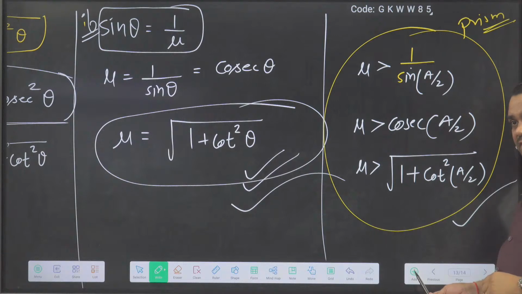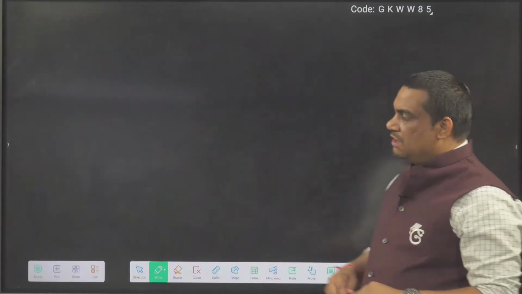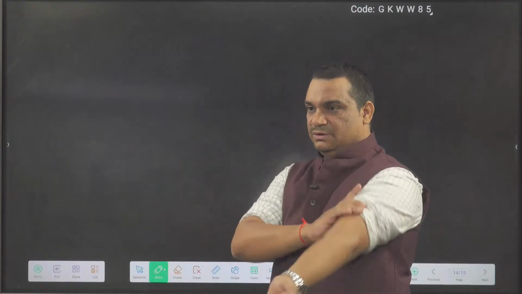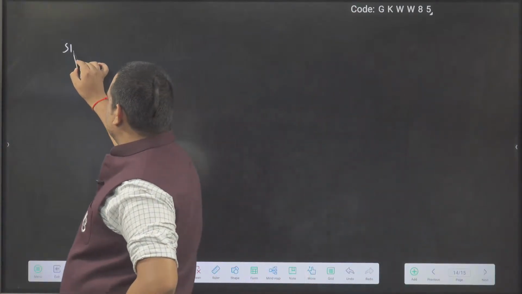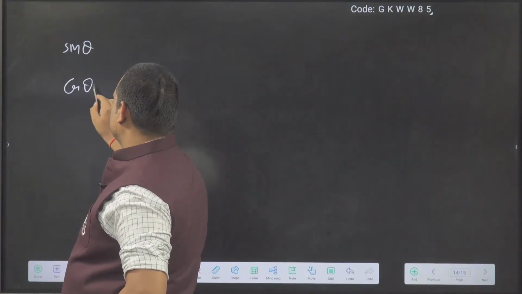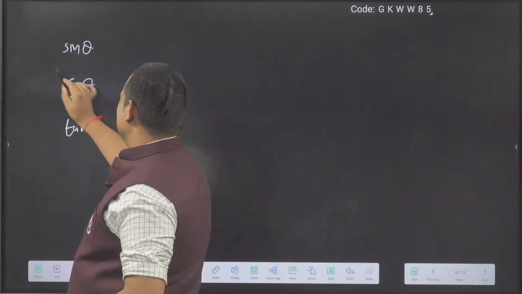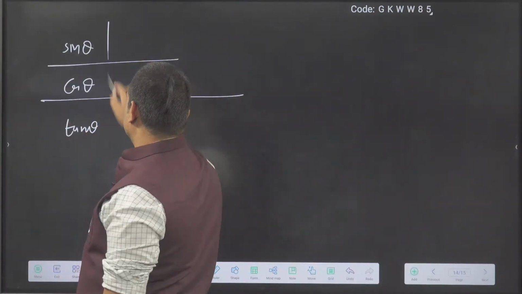Now I'll be saying some basic values here. I hope everyone knows sine theta, cos theta, tan theta, because mainly I will talk about these, and others are just reciprocals.